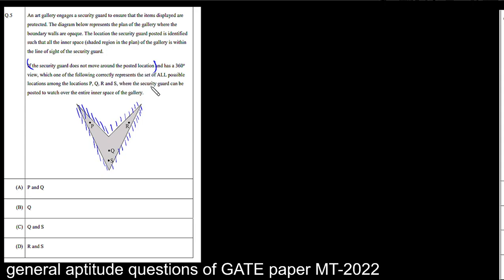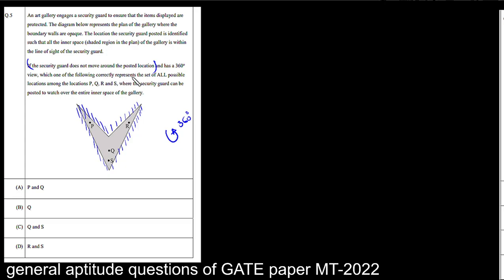That means the position of our security guard must be stationary, and it has a 360-degree view. That means our security guard can turn around 360 degrees. Wherever we put the security guard, he does not move and he can turn around with a 360-degree view.